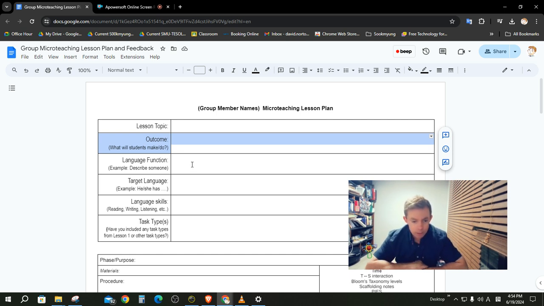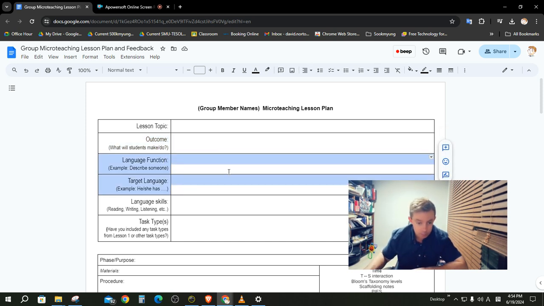There was a question in class about the difference between language function and target language, which are our next little rows here. Your language function is the communicative goal, or the thing that you're accomplishing with language, right?